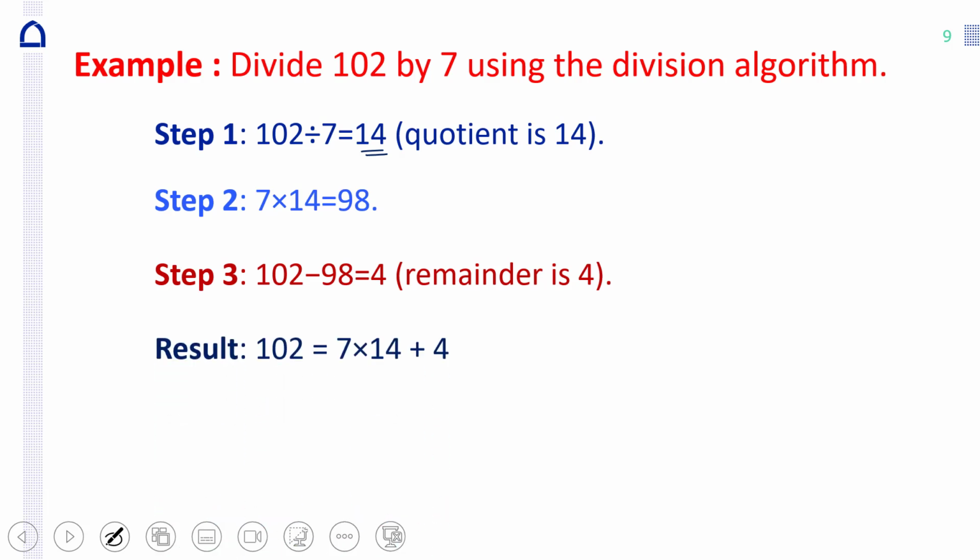I can write 102 as the divisor, multiplied by the quotient, plus R. So this is the divisor B, this is the quotient Q, plus the remainder R. If I am dividing A by B, I have a quotient Q, and if B is not a factor of A, I will have a remainder R.